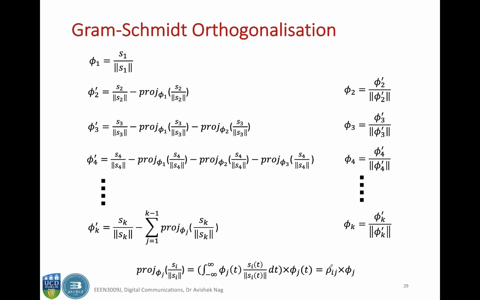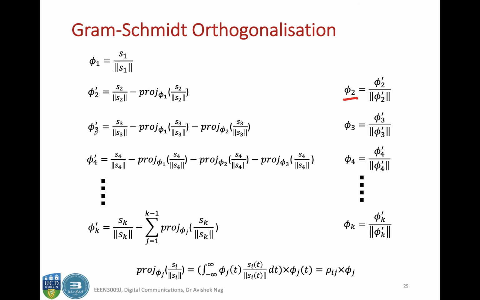We initialize phi1 as s1 divided by the norm of s1, and then we define phi2 prime, which is s2 divided by the norm of s2 minus the projection that s2 might have on the phi1 axis, and then you normalize phi2 prime to get phi2.